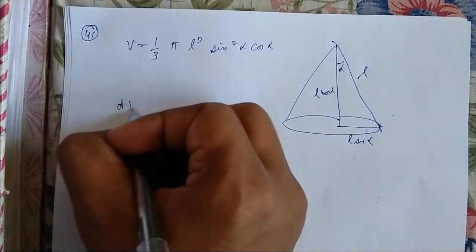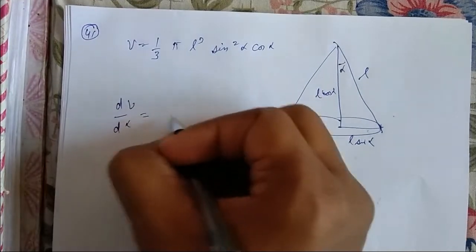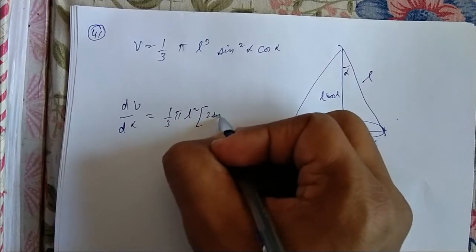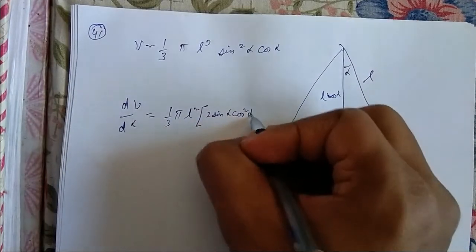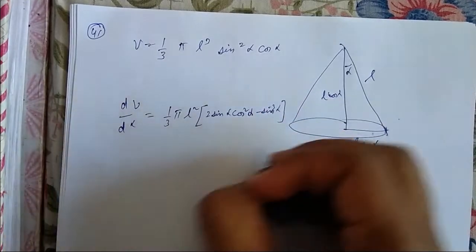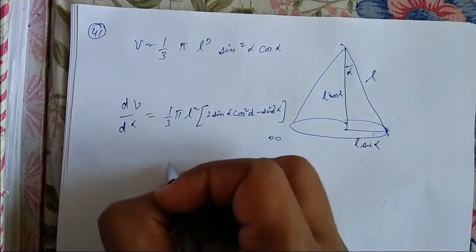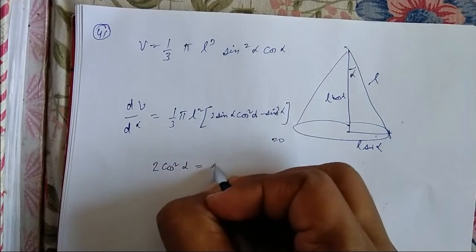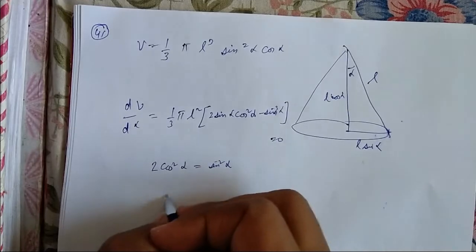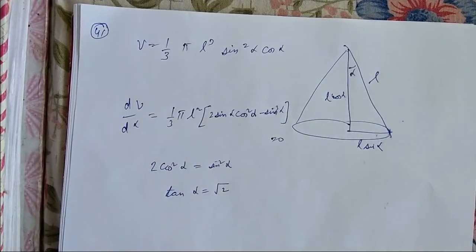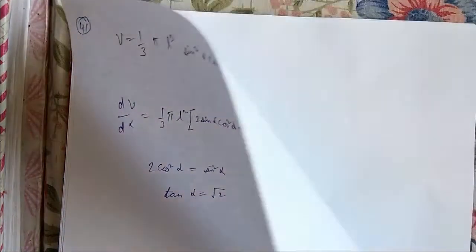So dV by dα equal to 1 by 3 π L³ (2 sin α cos²α minus sin³α) is equal to 0. If sin α is equal to 0, which can be rejected, or 2 cos²α is equal to sin²α, or tan α is equal to root 2. Okay, moving on to the next question, question number 42.